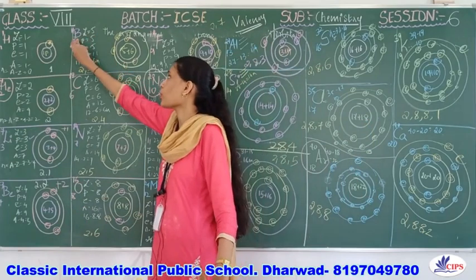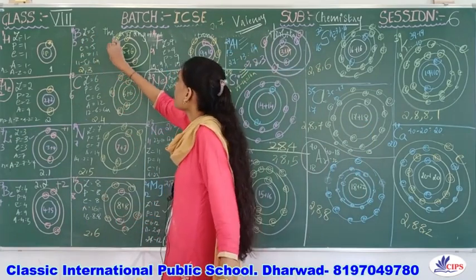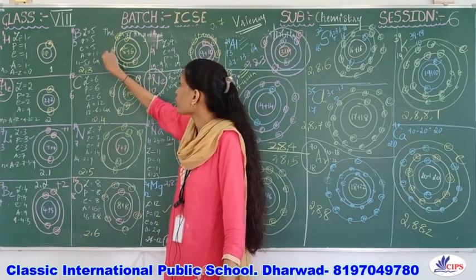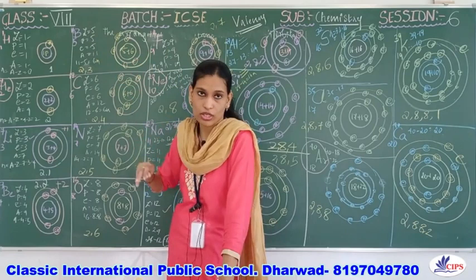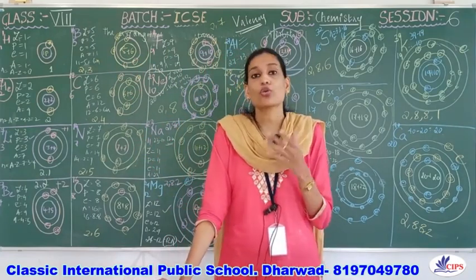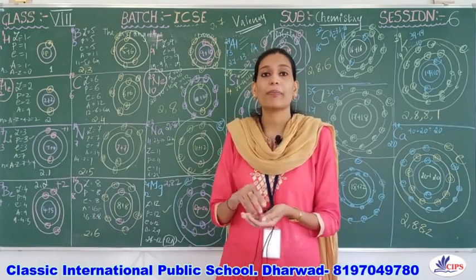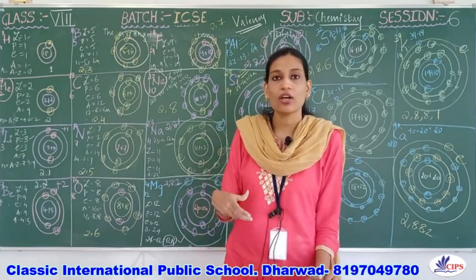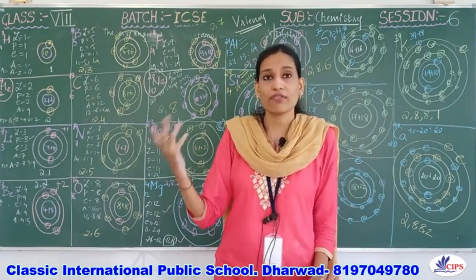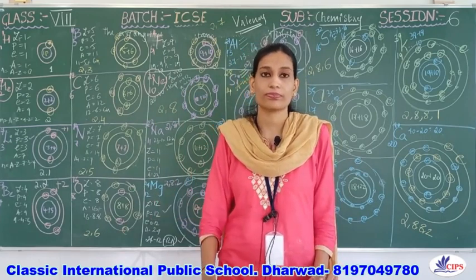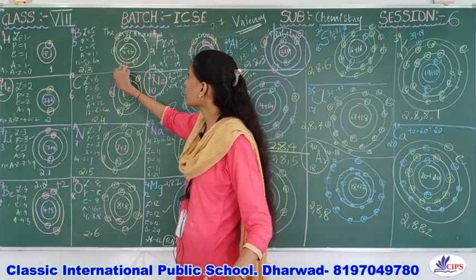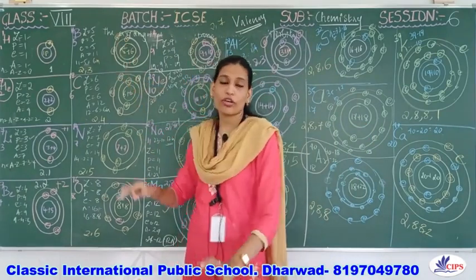Similarly, we have boron. The number of valence electrons in the outermost shell is 1, 2, 3, 3 electrons. But the L shell should have 8 electrons. So what will boron do? It is better for boron to lose 3 electrons than to gain 5 electrons.